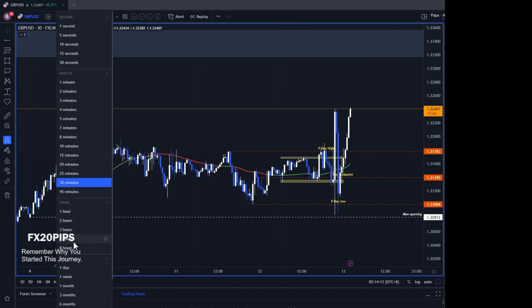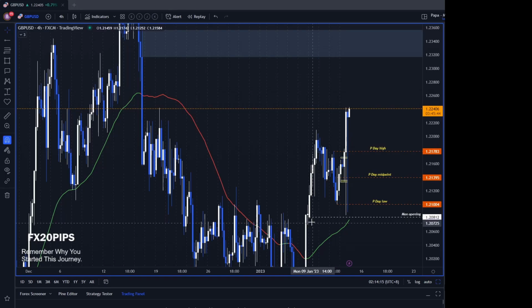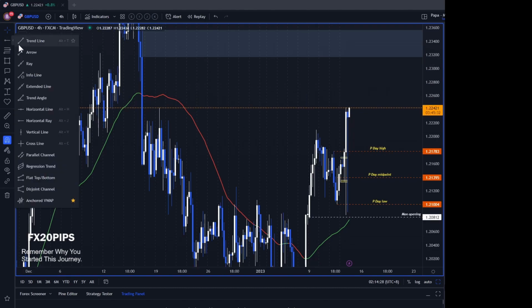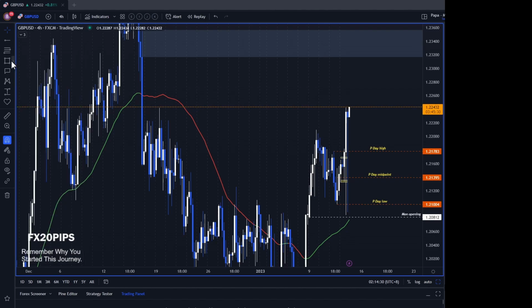Remember I talked about the liquidity on my GU weekly analysis. Also go and take a look at the video. I talked about liquidity to be taken up here, and it did take up liquidity to the point here.